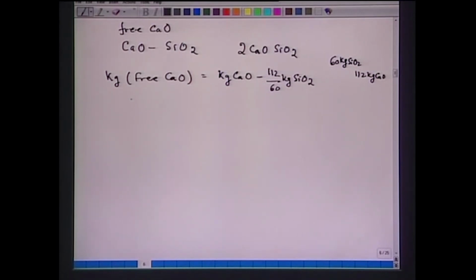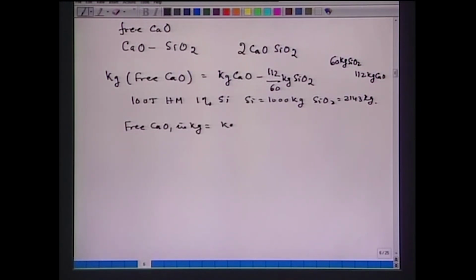Now, for example, if I take 100 ton hot metal with 1% silicon, then silicon is equal to 1000 kg, SiO2 will be 2143 kg, and then the free CaO in kg will be equal to kg CaO minus 112 upon 60 into 2143.